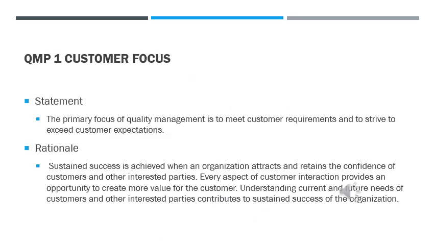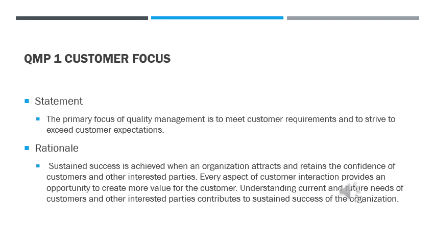Okay, for QMP1, which is customer focus, the statement is: the primary focus of quality management is to meet customer requirements and to strive to exceed customer expectations. The rationale is that sustained success is achieved when an organization attracts and retains the confidence of customers and other interested parties.